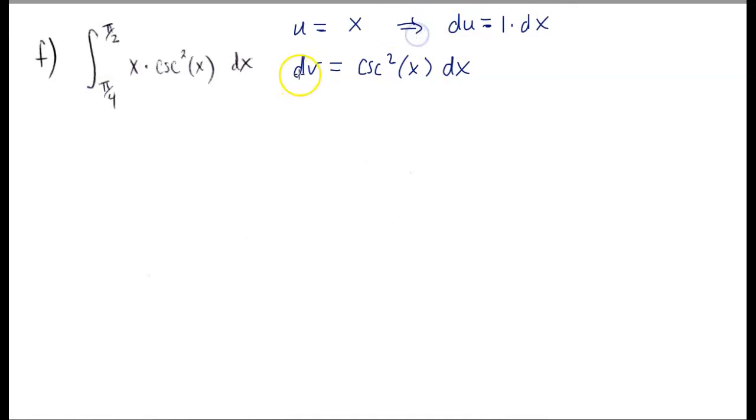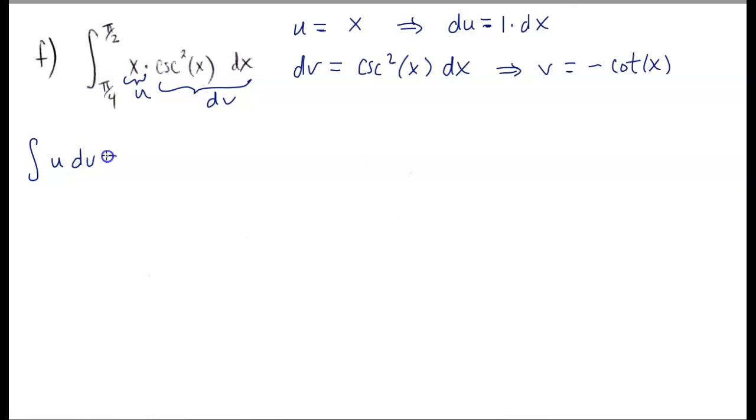We also know that if dv is cosecant squared x dx, then v is going to be minus cotangent of x. And so with this being our u and all this being our dv, then that means the integral of u dv.